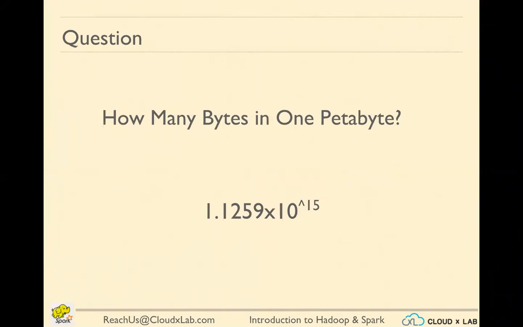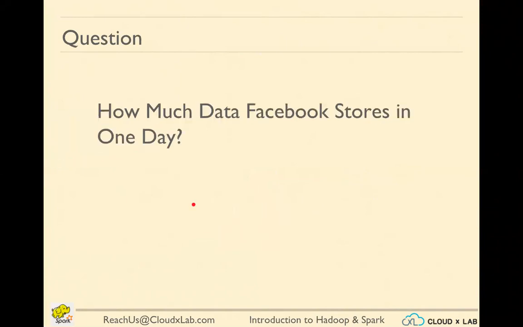All right, so you can say kilo, mega, giga, tera, peta. And as we use the terms, you'll get to know this. Great set of answers. So now another trivia: how much data approximately do you think Facebook stores in one day?